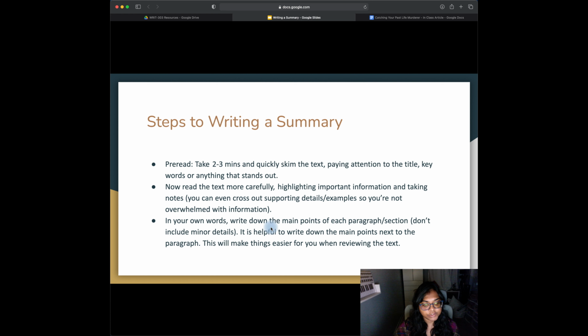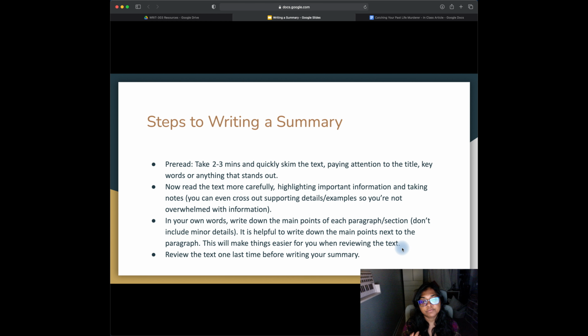Next, in your own words, you're going to write down the main points of each paragraph or section and don't include minor details. It's helpful to write down the main points next to the paragraph, and this will make things easier for you when you're reviewing the text. When you're ready to write your summary, you can look at the notes that you've written next to each paragraph instead of reading the text multiple times.